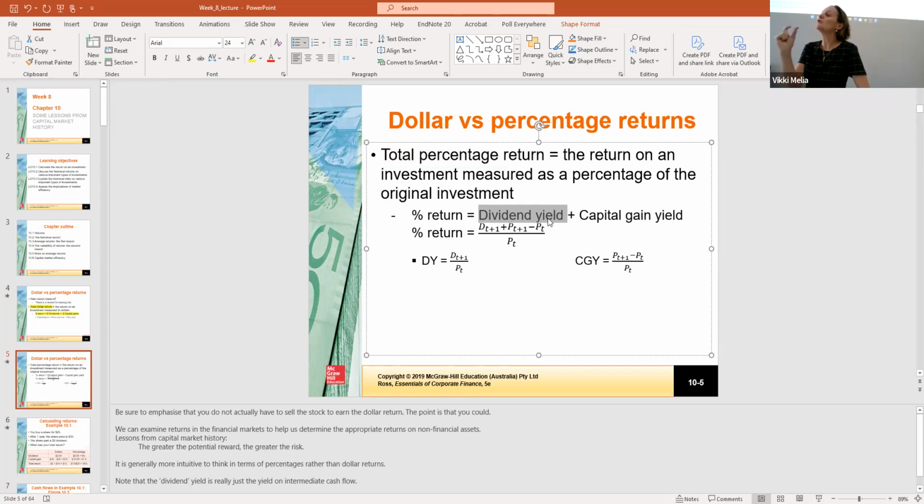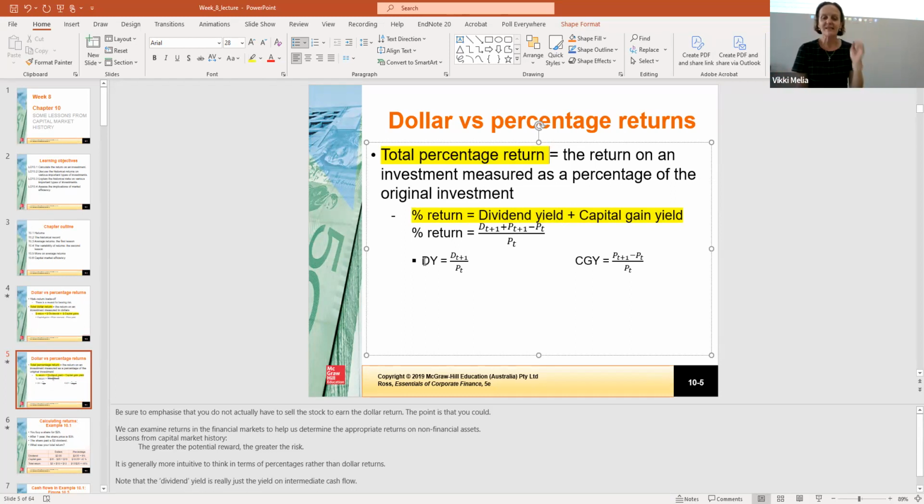Instead of dividend in dollars, now we're going to work out the dividend yield, which is expressed as a percentage, plus the capital gain yield. So that's the more common way of measuring and expressing returns in finance. We normally look at percentage returns rather than dollar returns.